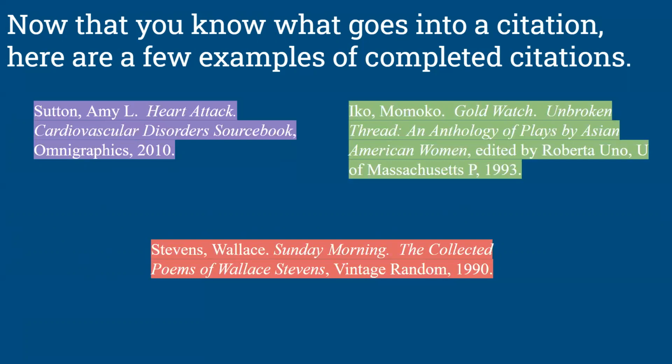This was edited by Roberta Uno, published by U of Massachusetts P in 1993. And this next book is by Wallace Stevens. It is called Sunday Morning, and the overarching book that it was contained in is the Collected Poems of Wallace Stevens. This was published by Vintage Random in 1990.